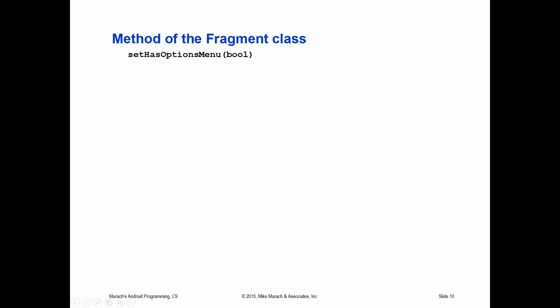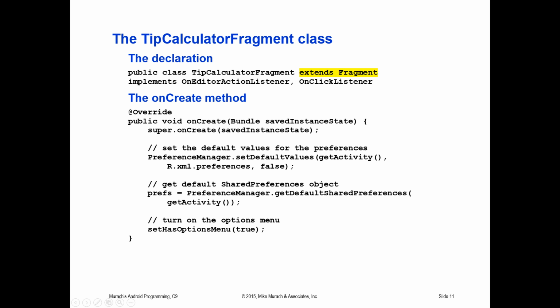So we've got this setHasOptionsMenu, and it has a boolean passed in. Set to true to indicate that this fragment has an options menu and would like to participate in populating the activity's options menu by having Android call this fragment's onCreateOptionsMenu method.